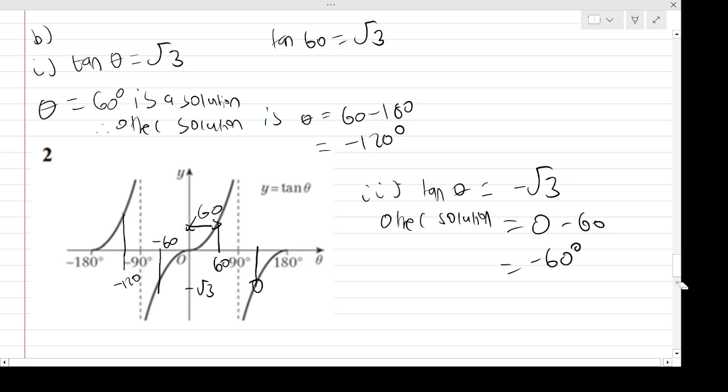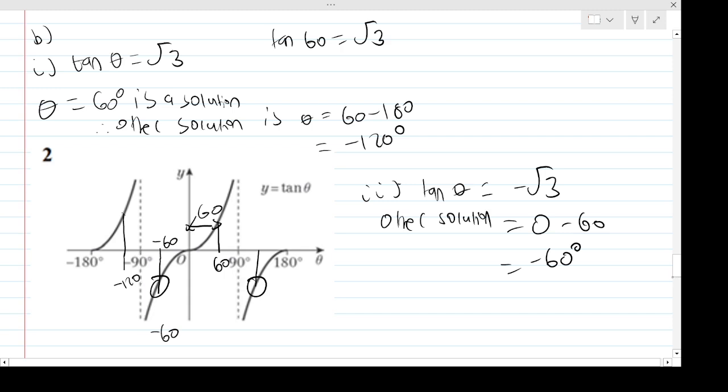Right, okay. Now that we've got that out of the way, we've got this other solution as well, remember, down here. Once we found the solution at minus 60, we can work out the other solution, because that's just going to be another 180. Hopefully you can spot the graph repeat itself 180 from this point, because we have an asymptote at minus 90, then an asymptote at positive 90. That's 180 degrees away from each other.